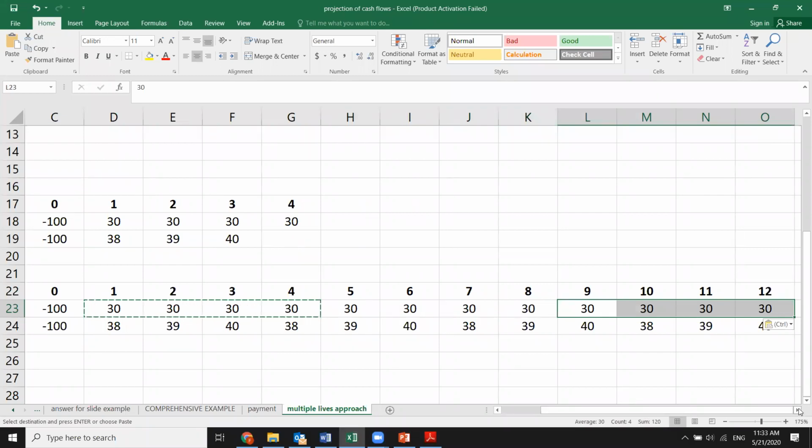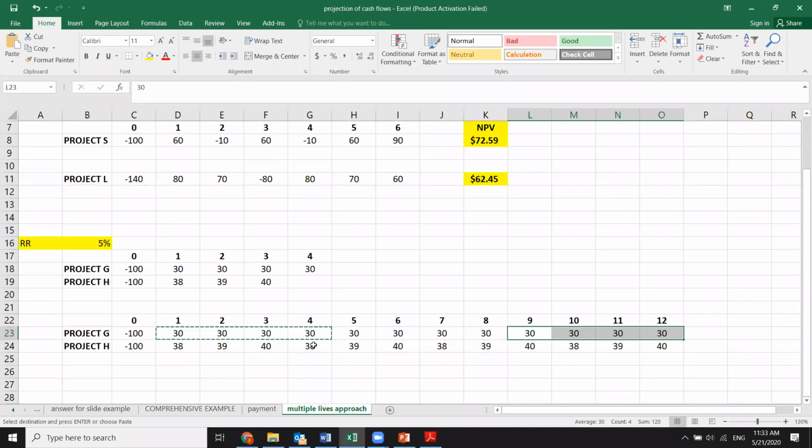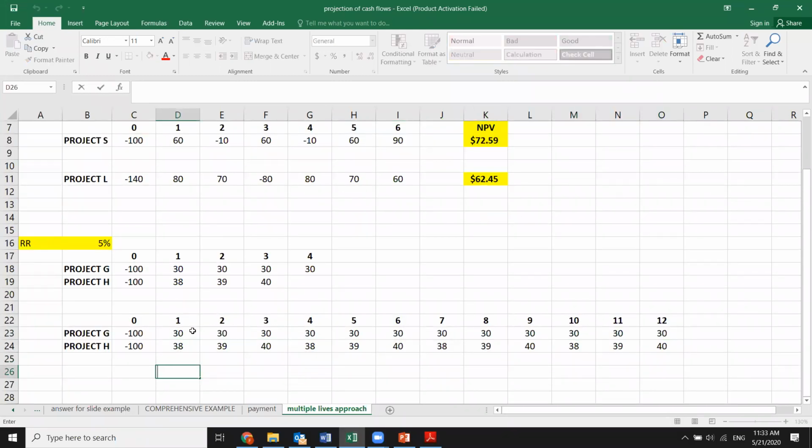Okay. Now we equalized. Yes, they are equal in years. So one project restarted 4 times, the other project restarted 3 times. Okay, this is 3 times. This is 4 times.